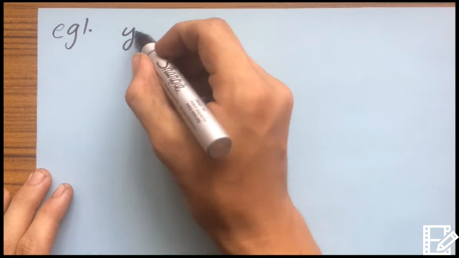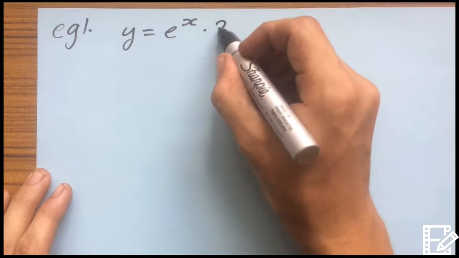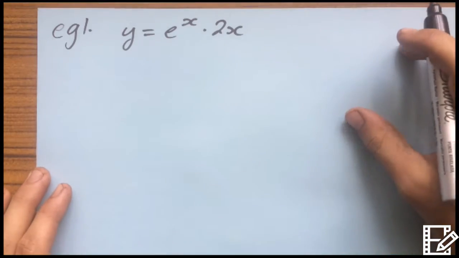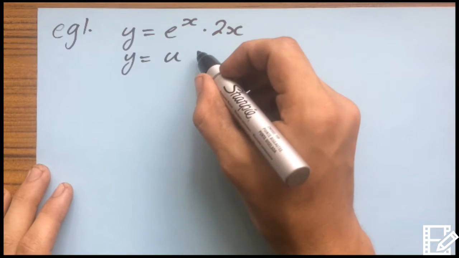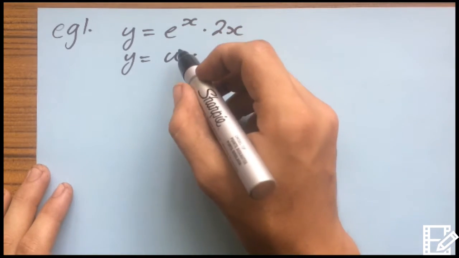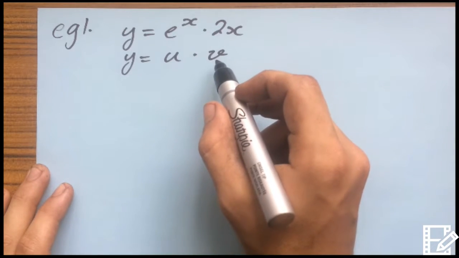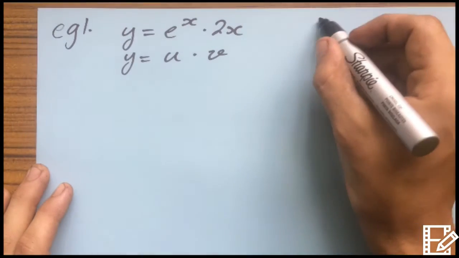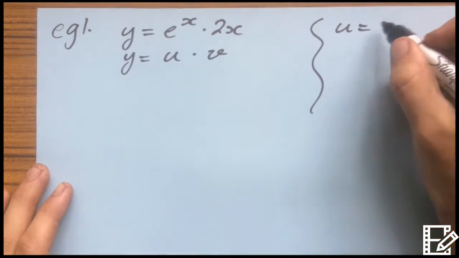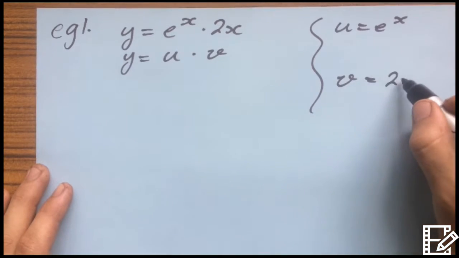Say y equals e^x times 2x. When using the product rule, you have a function multiplied by another function, just like u times v. We have e^x times 2x. So, we label u as e^x, and we label v as 2x.